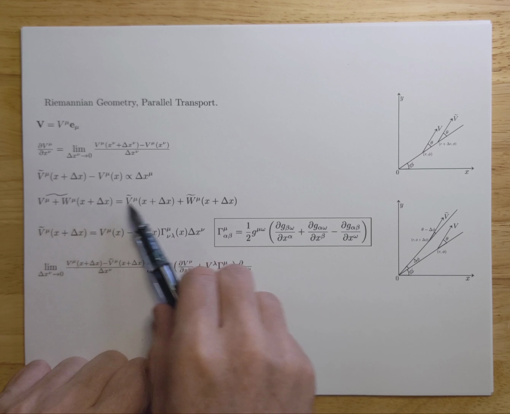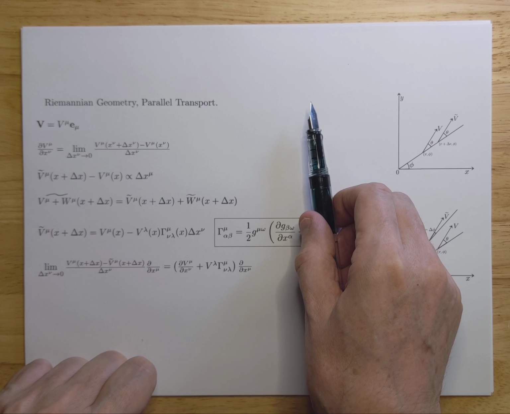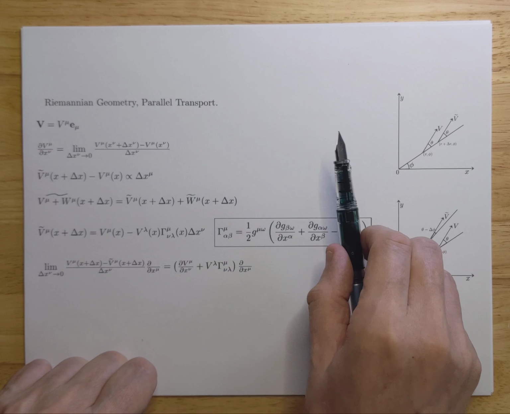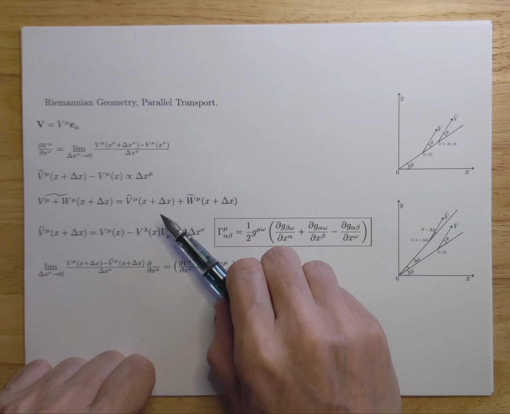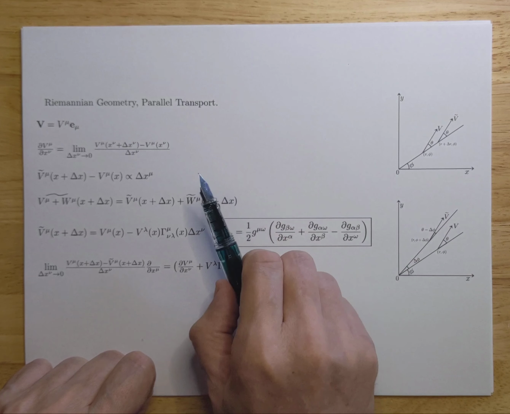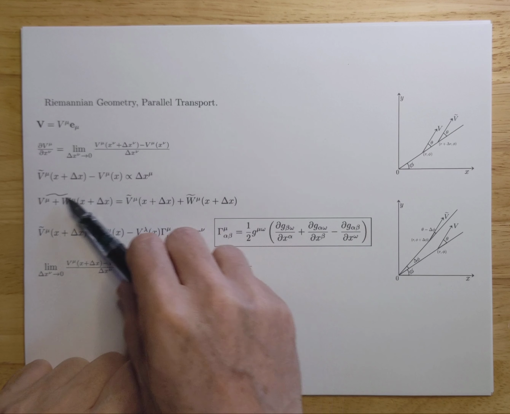So if you have a vector v at position x and there's another vector w at position x, you add them up, you parallel transport them, right? And you get a new vector there, or vector components there. It better be the same as if you first transport v, then transport w, then add them up in the transported location x plus delta x. That better be the same. And that's what's reflected here.